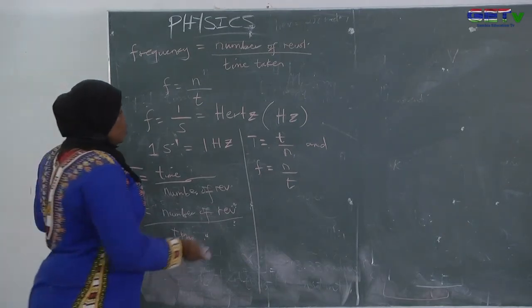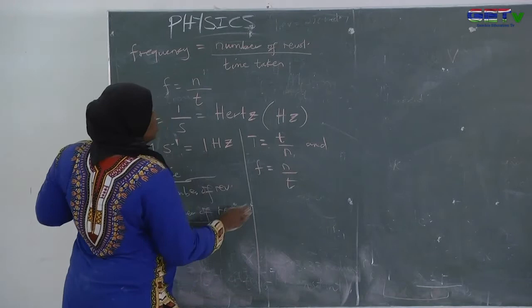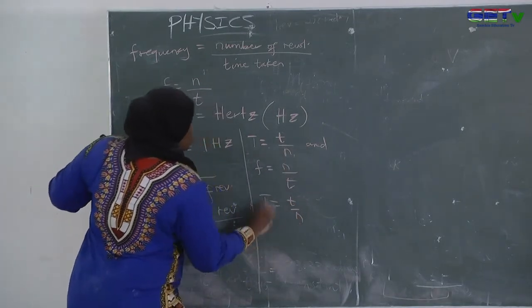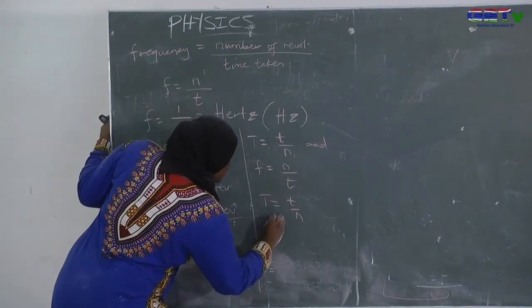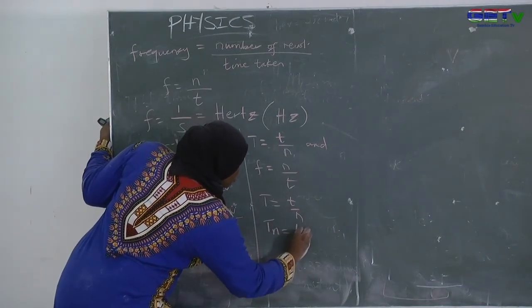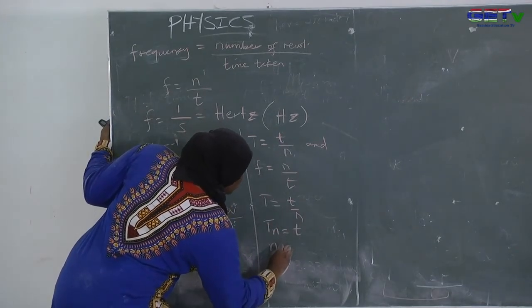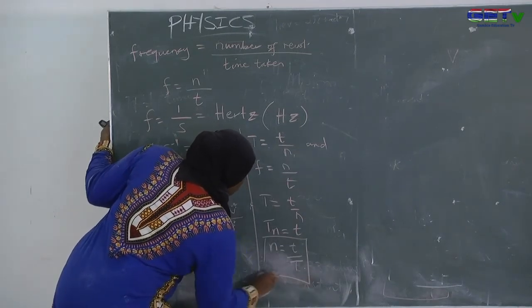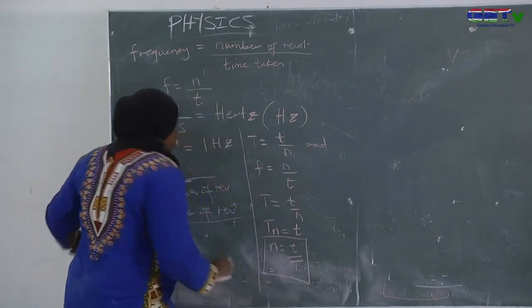Clear? Good. Can we make n the subject using T equals t over n? From here, Tn is equivalent to t, and small n will be t all over big T. Take note of that equation.